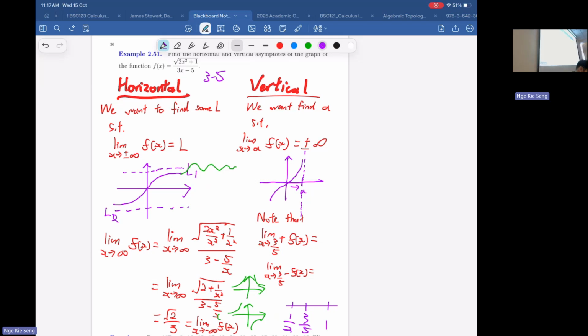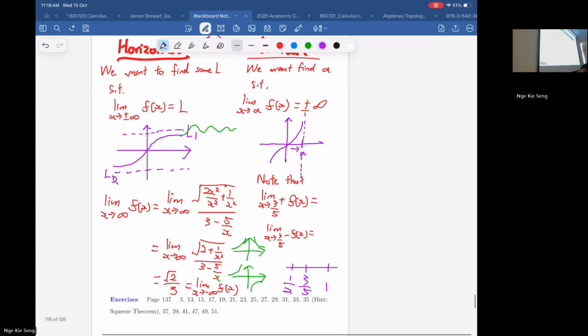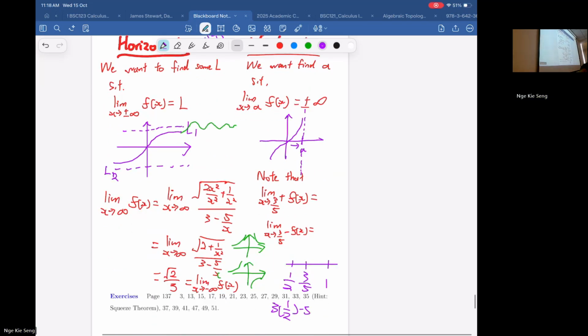So if I put half into it, 3 times 1 over 2, so negative.